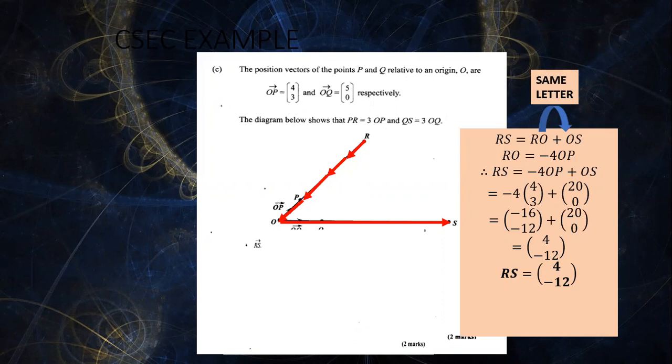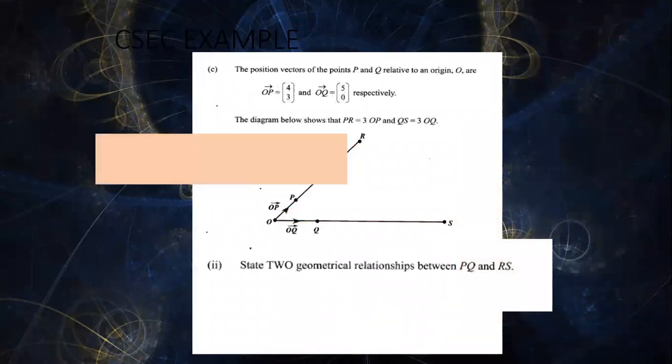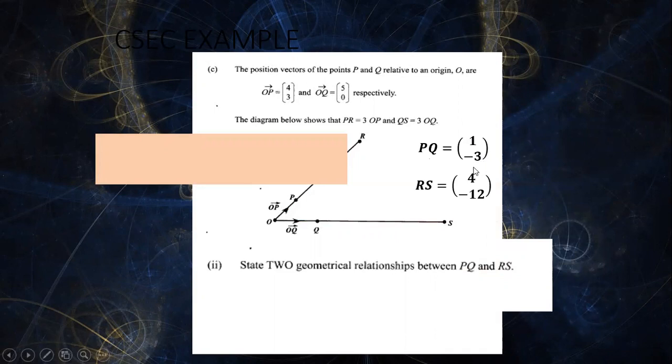Okay, great. Moving on. Now, this is: state two geometrical relationships between PQ and RS. Where's PQ? PQ is 1, negative 3, which we have gotten before. And RS is 4, negative 12. This stuff we have gotten before as well, so you can go back previously into the question.